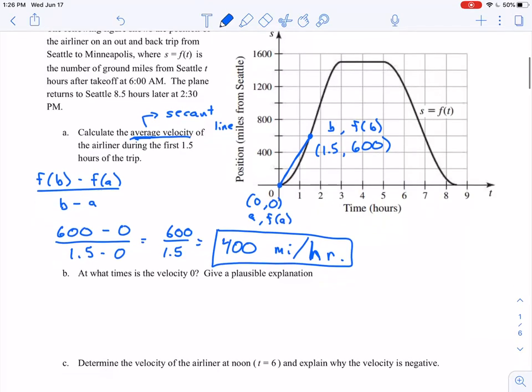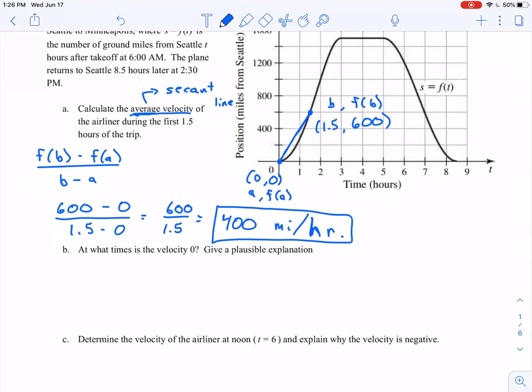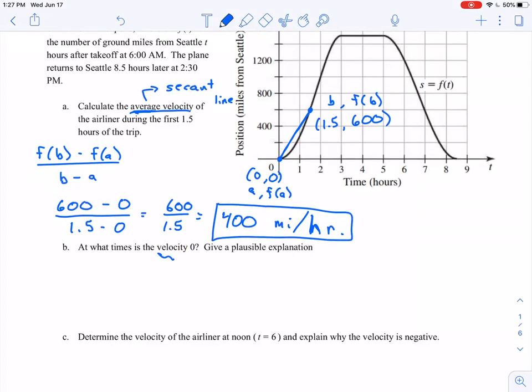Part B says, now at what times is the velocity 0? So when we talk about just velocity, I want to draw this distinction between velocity and average velocity. When we talk about velocity, if we don't specifically say otherwise, we're talking about instantaneous velocity.